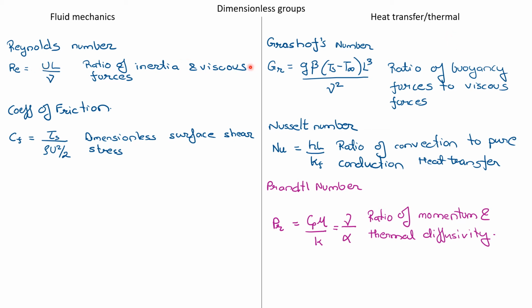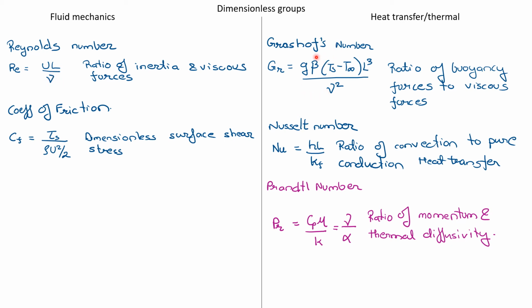I'll also try to explain the analogy between them. For fluid mechanics, we have the Reynolds number, defined as UL by nu, and it's the ratio of inertia forces to viscous forces. Your numerator defines inertia forces, the denominator defines viscous forces.